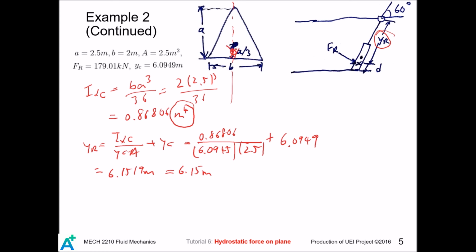But why shall we study the pressure center? It is for calculating moment. This is rather important. If our isosceles triangle is hinged at the bottom edge, so we add a hinge here, and we also have the hydrostatic force acting at the pressure center, so we can calculate the moment arm to be, so the moment produced by the force equals F R D equals.